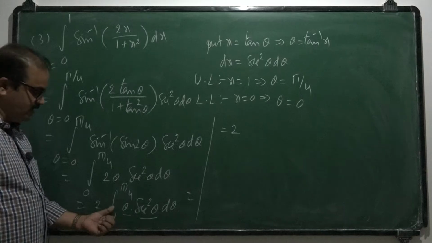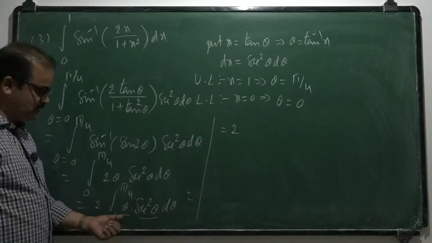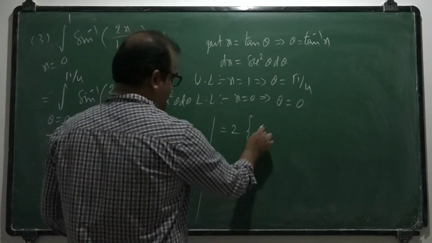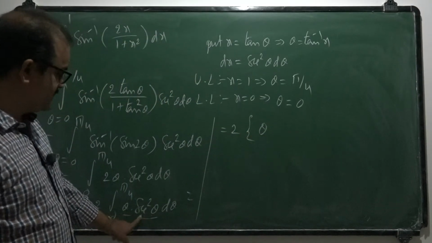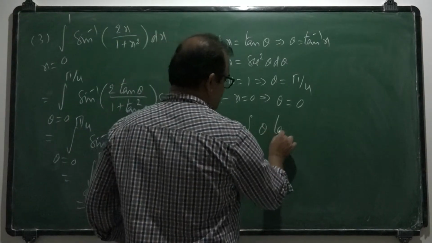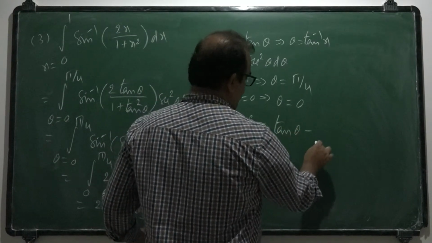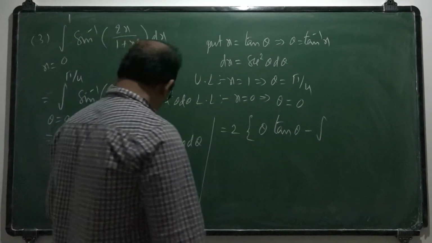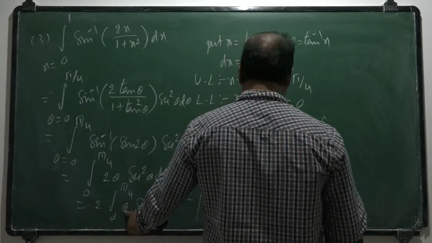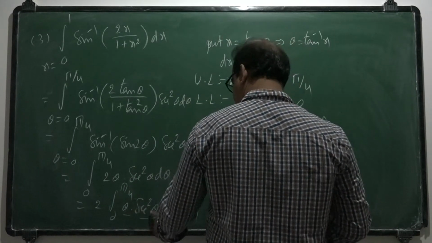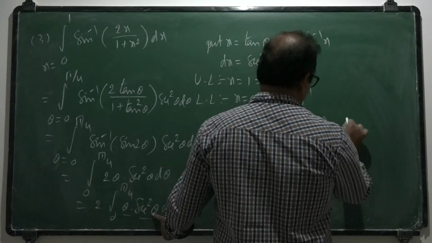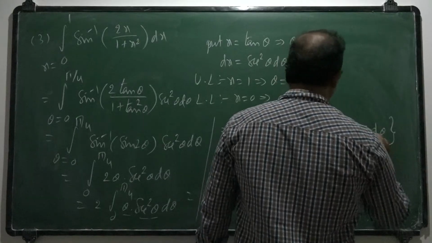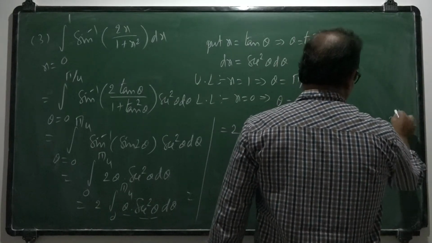We know integral f of x into g of x dx is first function into integral of second function, that is theta into integral of secant square theta, which is tan theta, minus integral of the derivative of the first function, d by d theta of theta, that is 1, into the integral of the second function, integral of secant square theta, that is tan theta, d theta, in between the limits 0 to pi by 4.